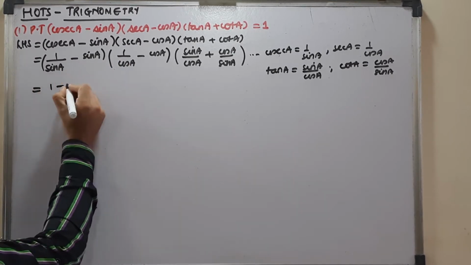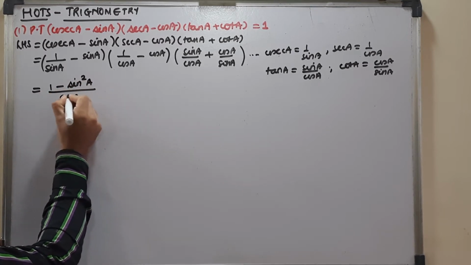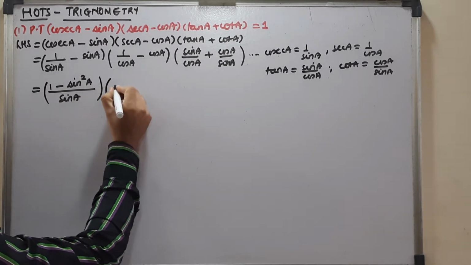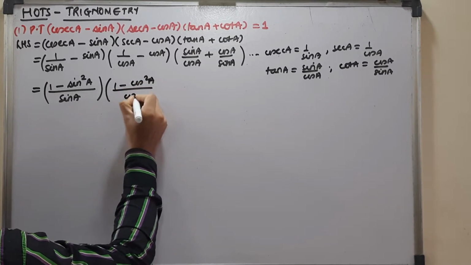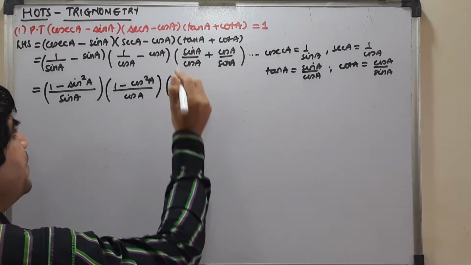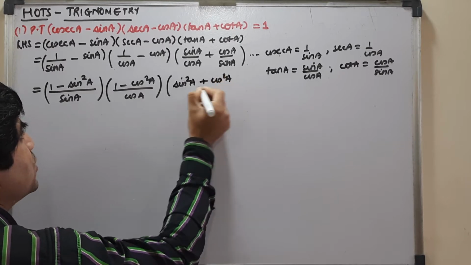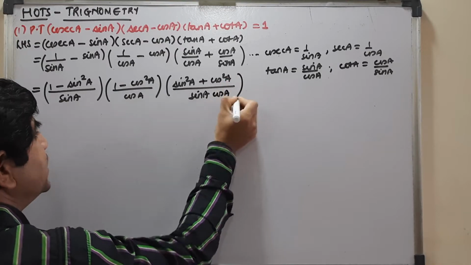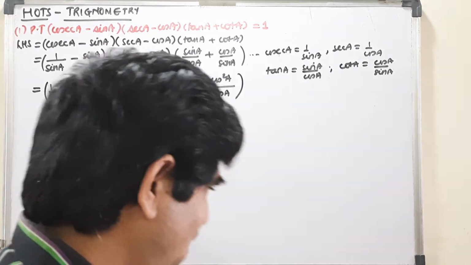So 1 minus sin A into sin A will become sin square A upon sin A. Then here, 1 minus cos A into cos A is cos square A upon cos A. Then I have here sin square A plus cos square A, and sin A into cos A as the multiplication. Okay?